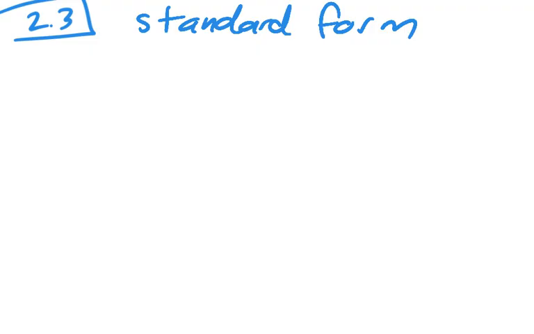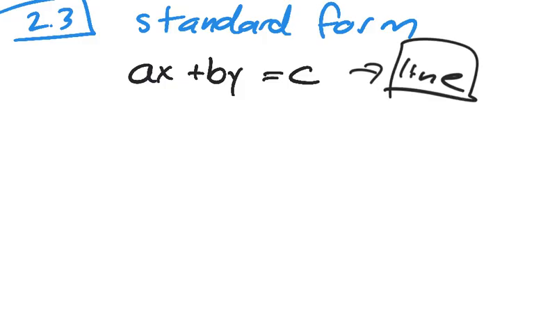So standard form is ax plus by equals c. So again, notice, do I have an x and a y? Are they both to the first power? So if I graph this, it's going to be a line. Anytime you have an x and a y, both to the first power, it's going to be a line.